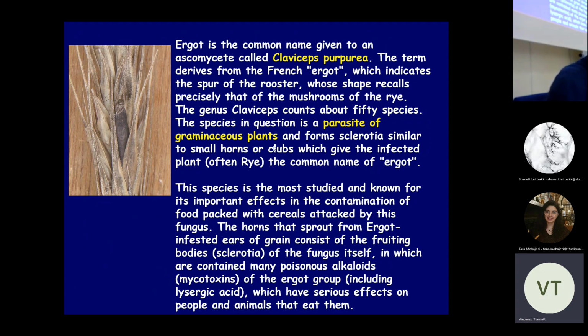It is a parasite of gramineous plants. Claviceps purpurea forms a sclerotium similar to small horns. It is able to infect the plants, and the common name is ergot, from the French.